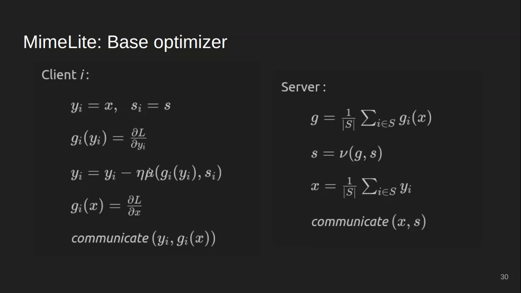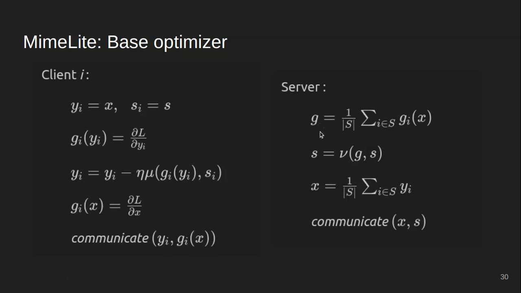Here eta is the learning rate, and mu is the base optimizer's parameter, which determines how we compute a gradient using the gradient calculator and the optimizer state. Then we again calculate the gradient, but with respect to x. This g of x will be communicated to the server, and y_i, the updated and trained model, also gets communicated to the server.